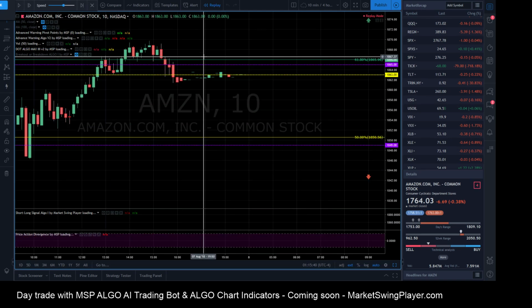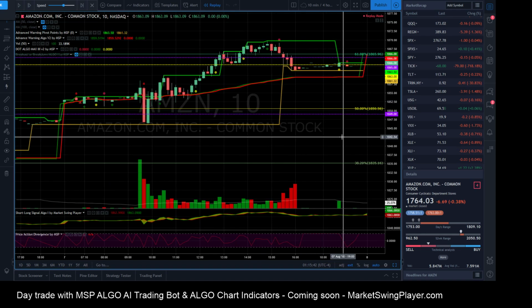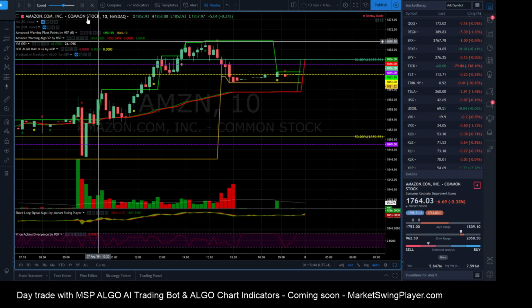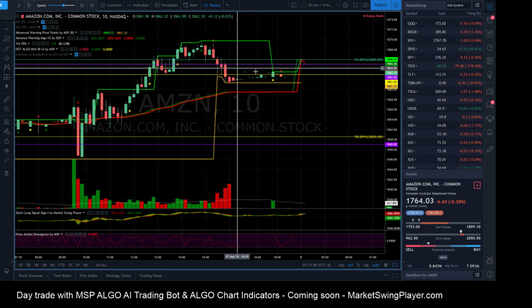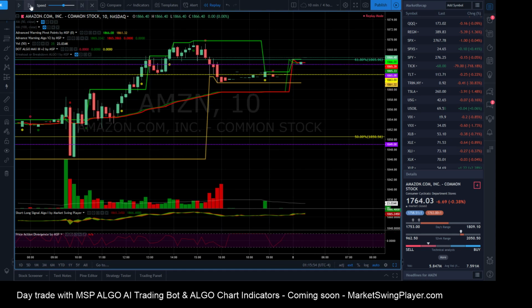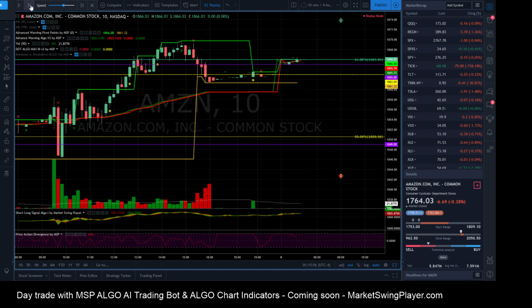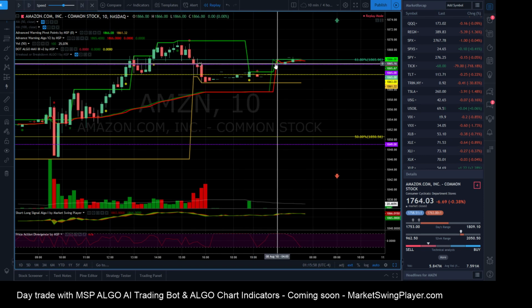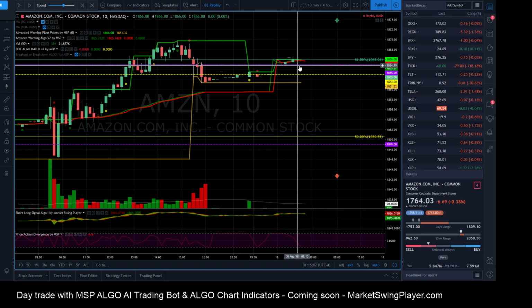So this is what it would have looked like at the 10-minute. Let's speed this up here, and we can still see our lines. We could see that this is acting like support in pre-market. So it's important to see what they're doing, even though they can change.